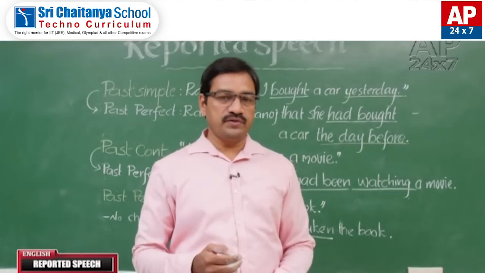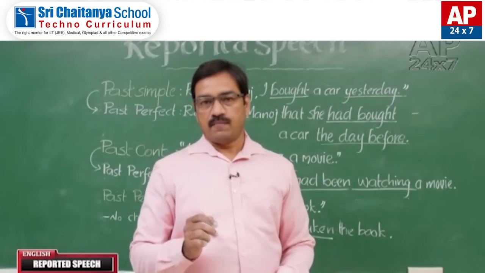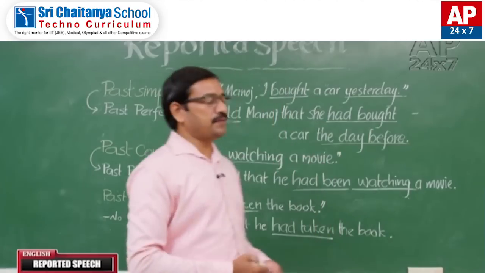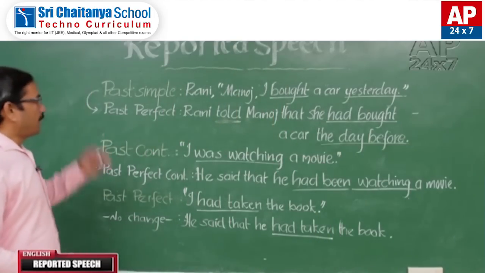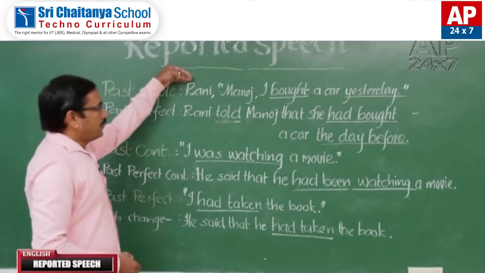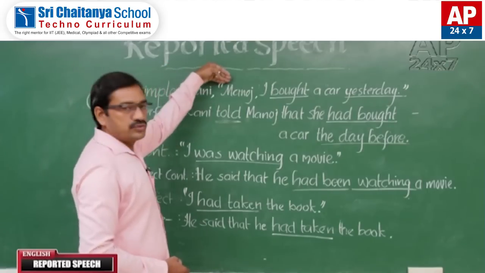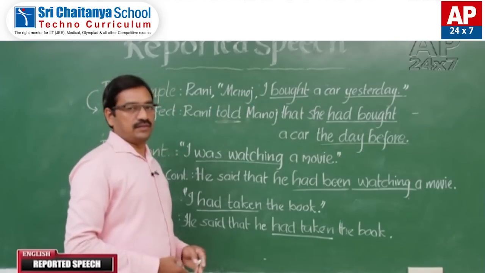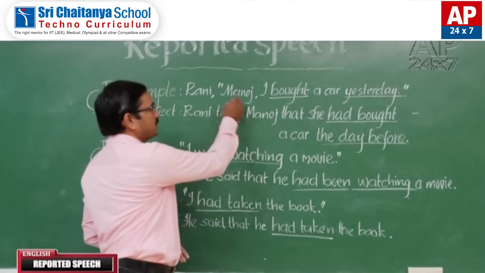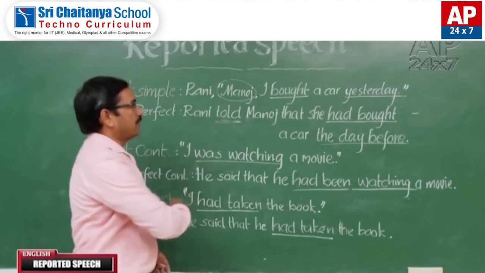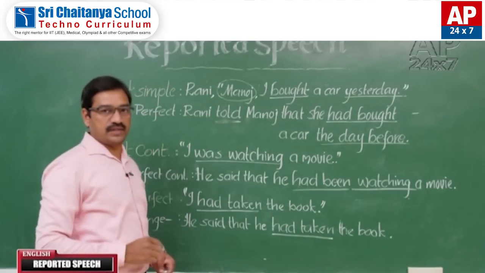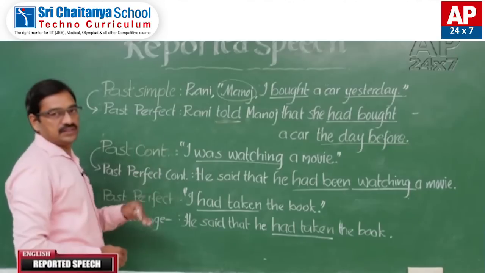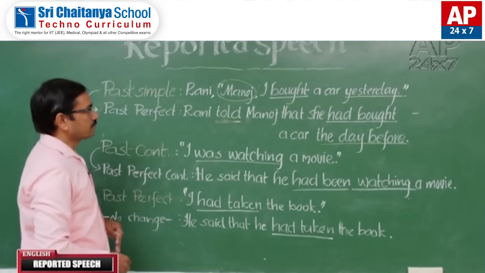Next, let us see how we change simple past, past continuous and past perfect tenses into indirect speech. Past simple: Rani says to another person, Manoj, "Manoj, I bought a car yesterday." Simple past. So here we have an object. Rani said to Manoj, "Manoj, I bought a car yesterday." Now, how do we change it into reported speech? It is going to become past perfect tense.